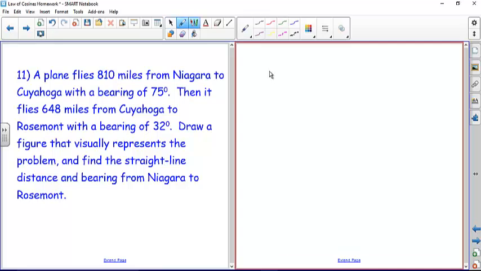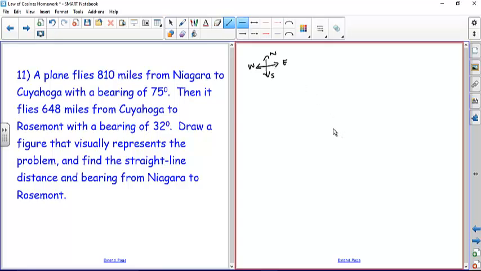So if you remember how we do these compass settings, this is north, south, east, and west, and these are all relative to north, and you go clockwise. So it says the bearing is 75 degrees.